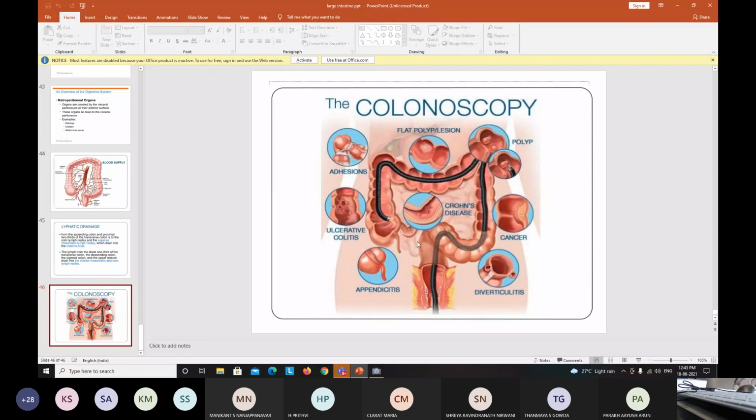What do you mean by tenderness? Pain. During examination, the patient will respond immediately after palpating. That's called rebound tenderness. So the particular point is McBurney's point, to locate the appendix, to rule out acute appendicitis. Okay.